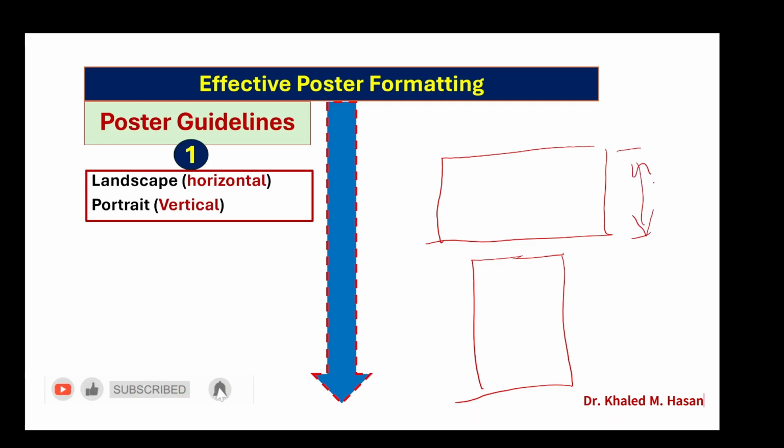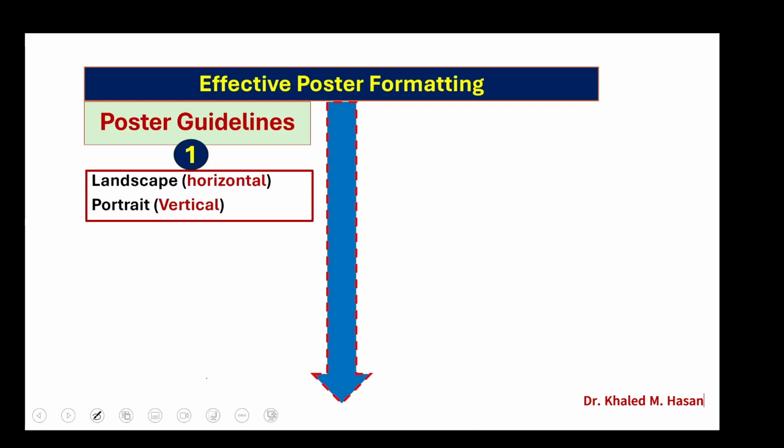Is it horizontal or vertical? We need to figure out the dimension and the size of the poster, and we covered that already in a previous part of the poster presentation. The first part is to figure out what type of poster we need: horizontal landscape or portrait vertical.